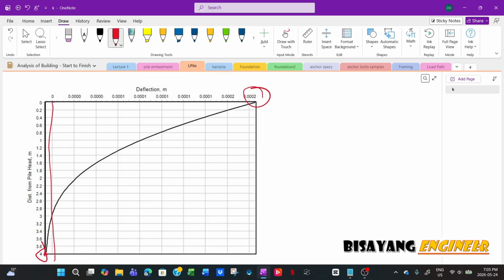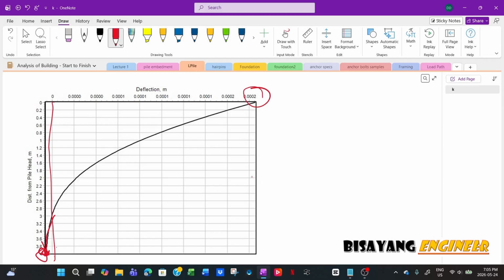Although this deflection is really small, like 1.2 millimeters, technically it's fine, but if you look at this elastic curve at 4 meter embedment, there's a tendency that the pile being subjected to the lateral load won't go back to its original position. And if for some reason any translation is critical for your structure, then you won't allow this.